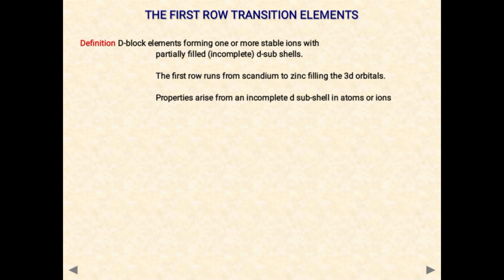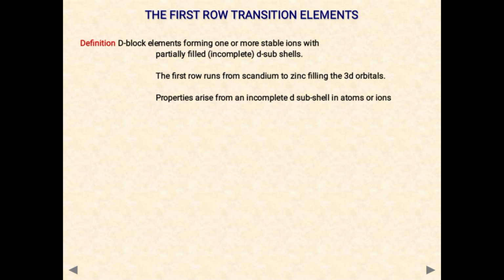P orbital accommodates a maximum of 6 electrons. D orbital accommodates a maximum of 10 electrons, while F orbital accommodates a maximum of 14 electrons.